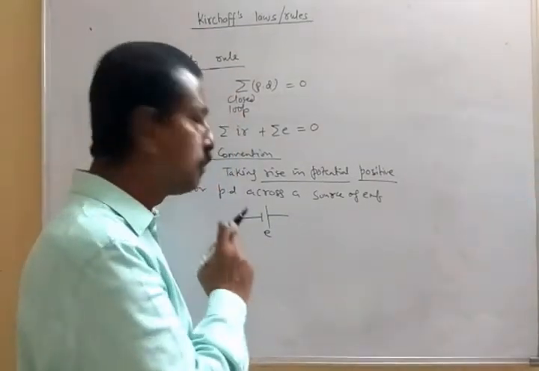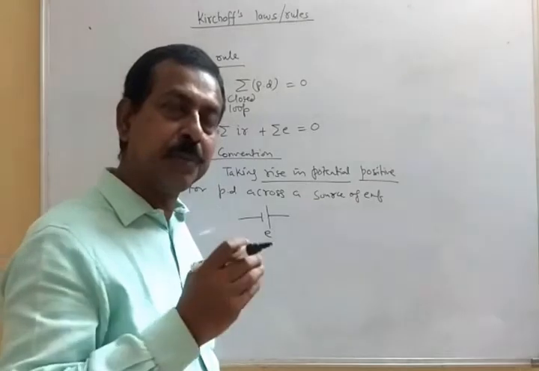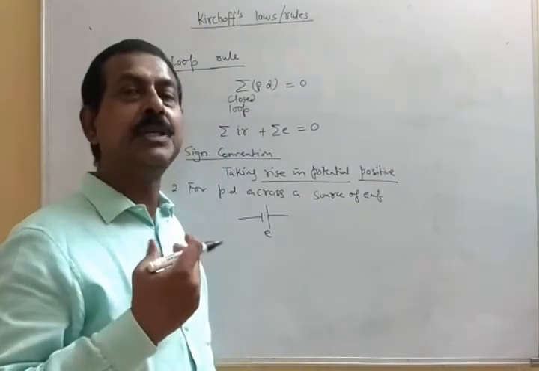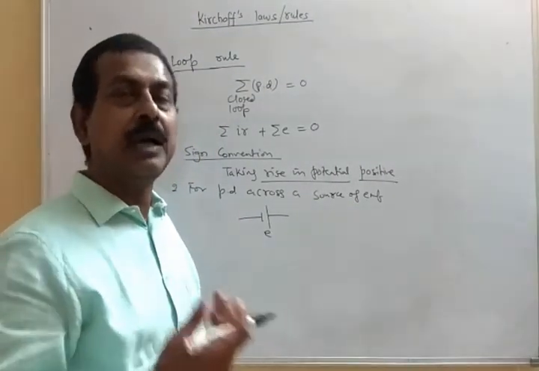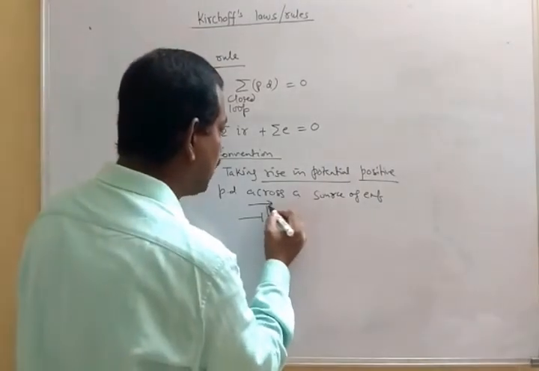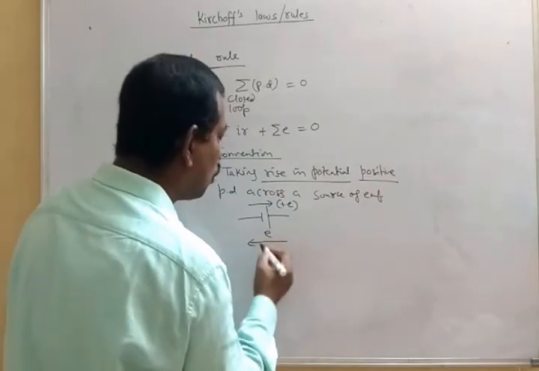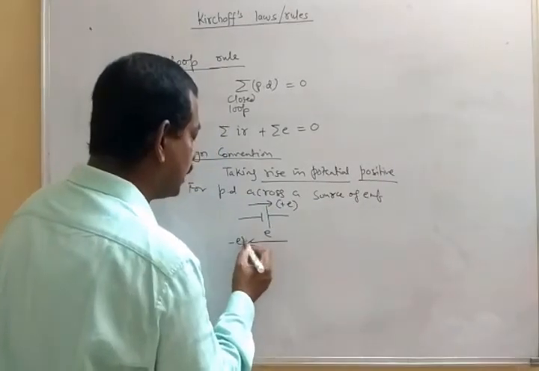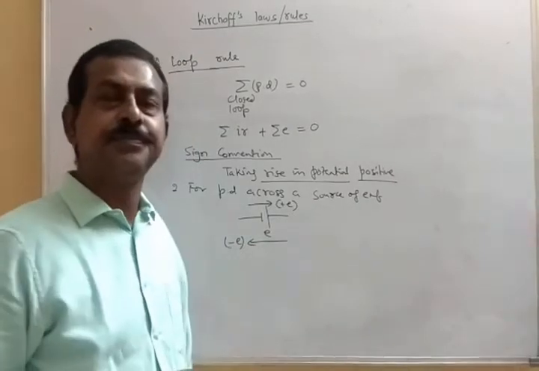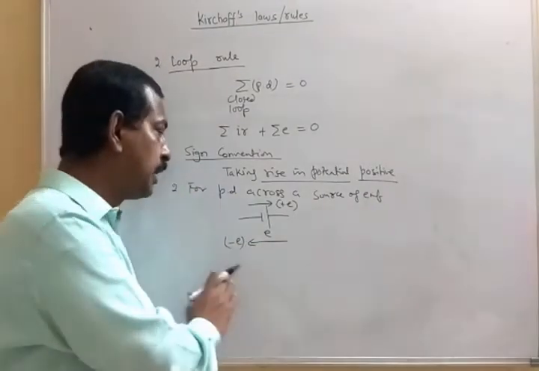When we pass from the negative to the positive terminal of a source of EMF or a cell, we take the potential difference positive. In the opposite direction, it will be taken negative. So when we move from left to right, it will be positive, and when we go from positive to negative, it is negative.